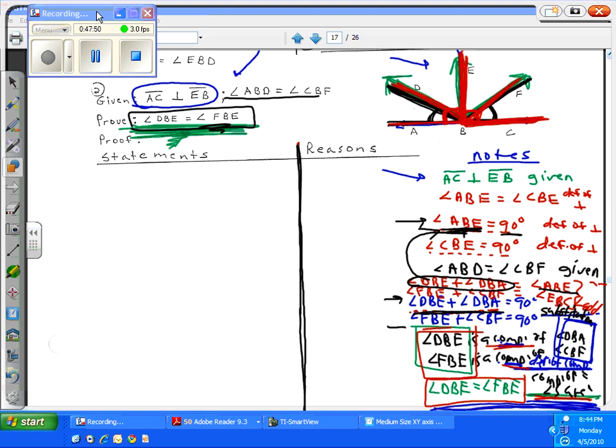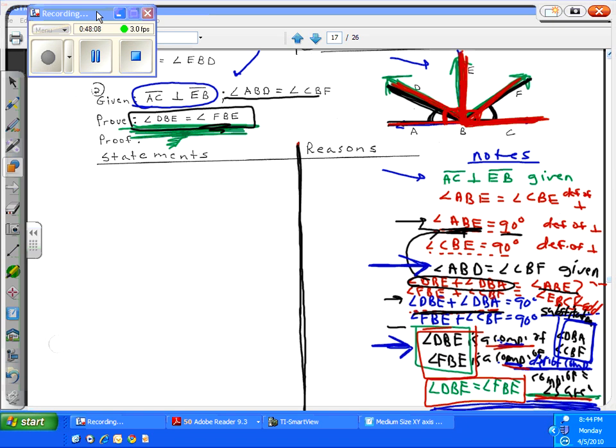Before we can say complements of equal angles are equal, we have to have the two angles in question. We have to see that those two angles in question are complements of two other angles, and that those two angles are equal.